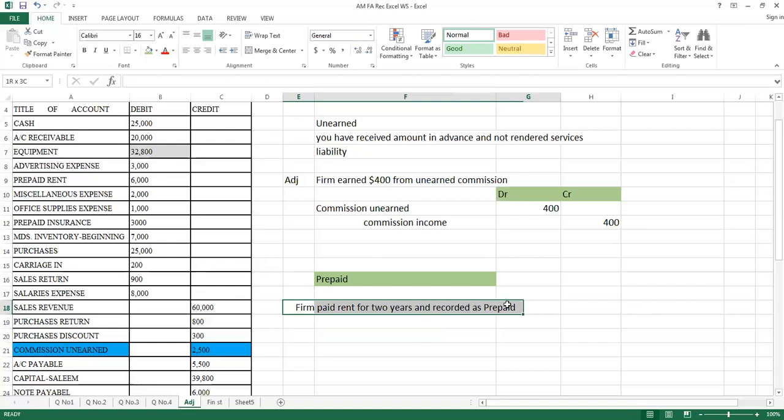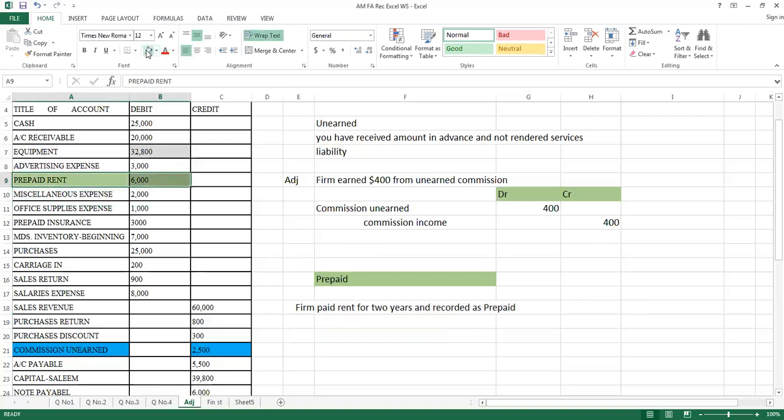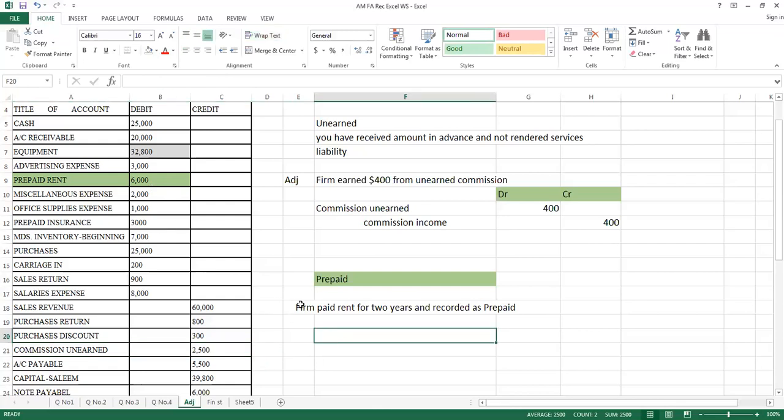This is the information given by the company. To understand this concept, I will go back to the trial balance and see how prepaid rent is recorded. Now check this entry. Prepaid rent is 6,000, and the adjustment data is telling you that the firm paid this rent for 2 years.